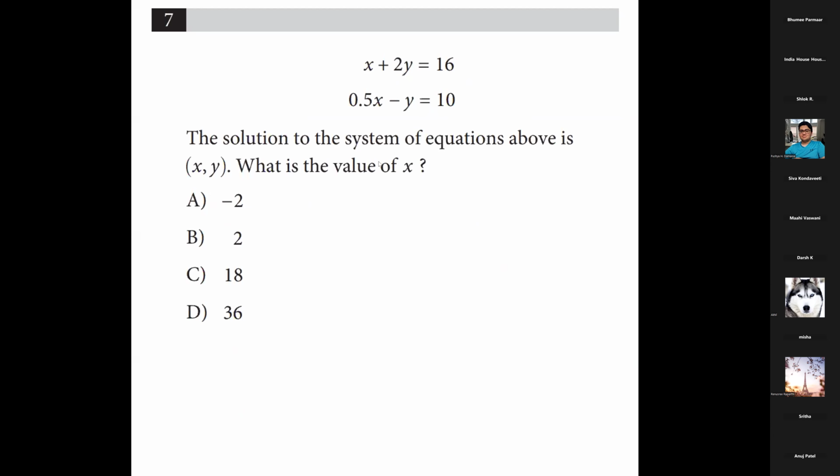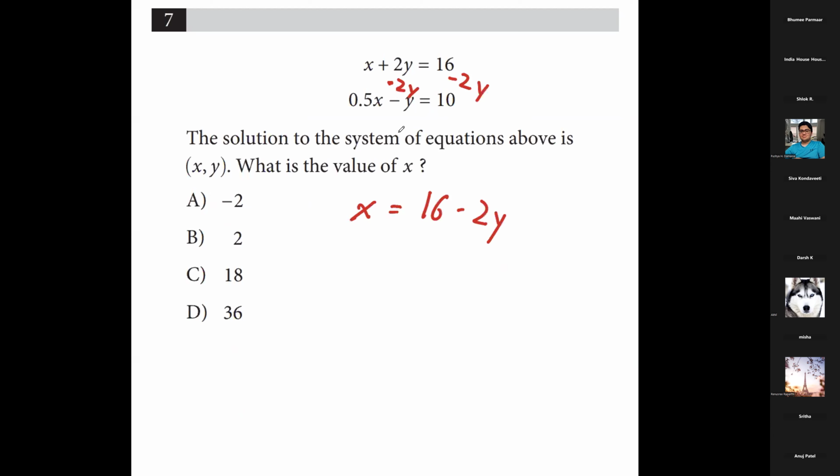We just need to solve. So I guess the easiest way to do this is to just first solve for x. So I just did minus 2y on both sides, and we get x equals 16 minus 2y.